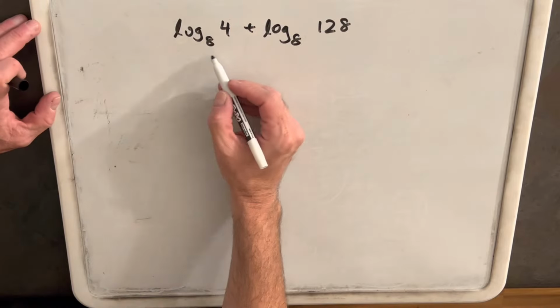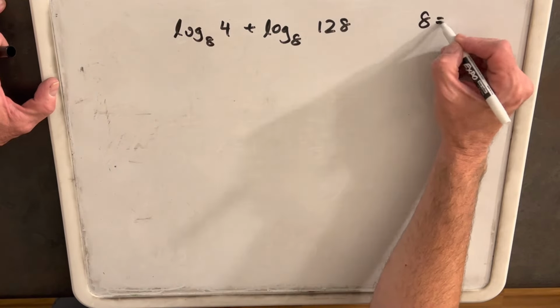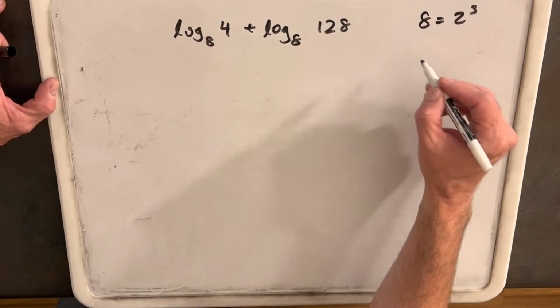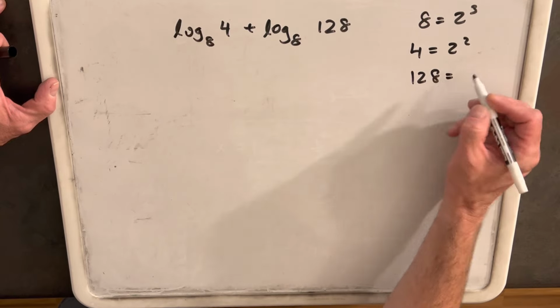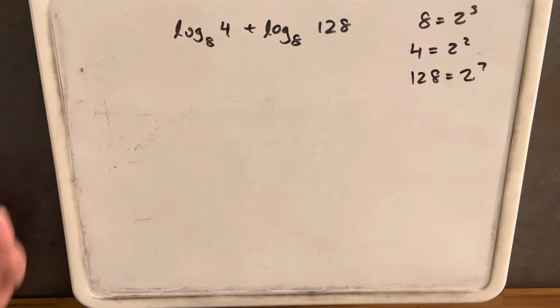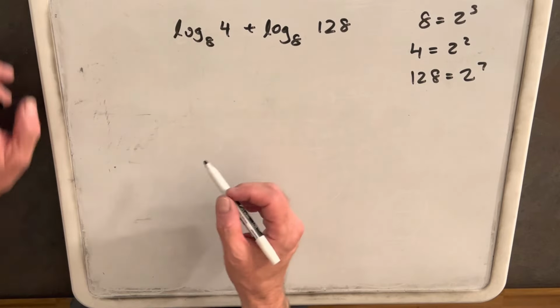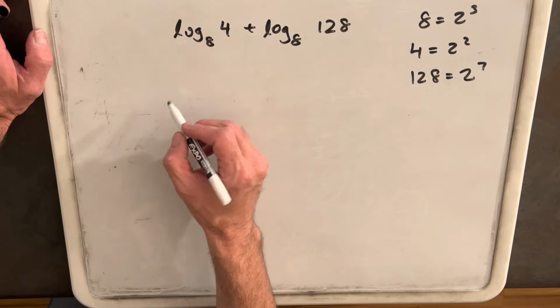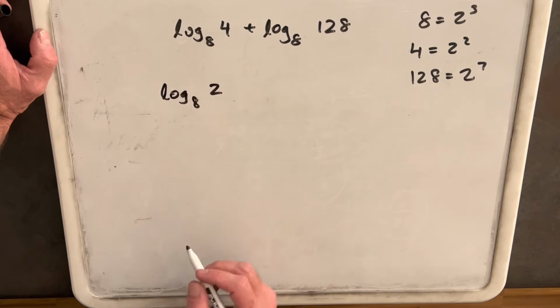Let's look at, so everything here is a power of 2. So 8 is the same thing as 2 cubed. 4 is 2 squared, and 128 is 2 to the 7th. So let's think it out. Let's look at, what is log base 8 of 2?